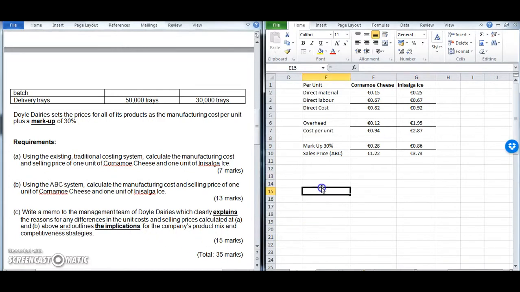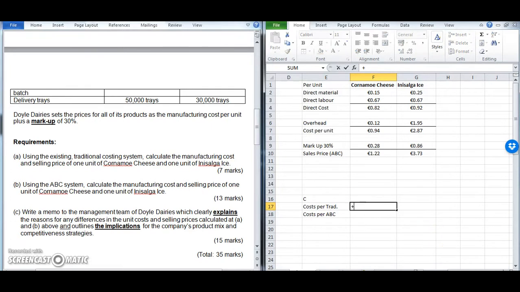The first thing I would always do for part C in terms of a memo, so let's put C here, is put in a little table just to summarize the calculations you'll have done, to make it neat and clear for the management team what your actual results are. So you'll say costs per traditional and then costs per ABC.